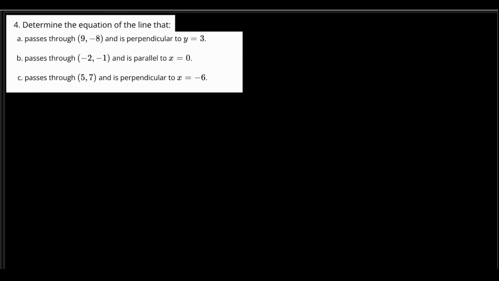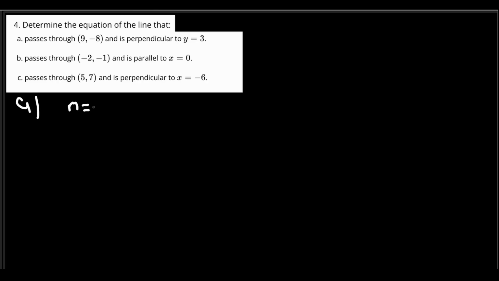And question 4 is asking us to determine the equation of the line that is all of this. So let's first go through A. It says that it passes through these coordinates and it's perpendicular to y equals 3. So what we know is that the slope is perpendicular to y equals 3.